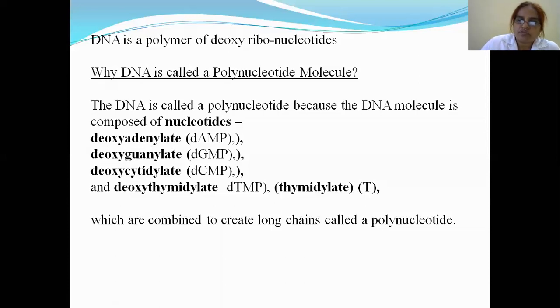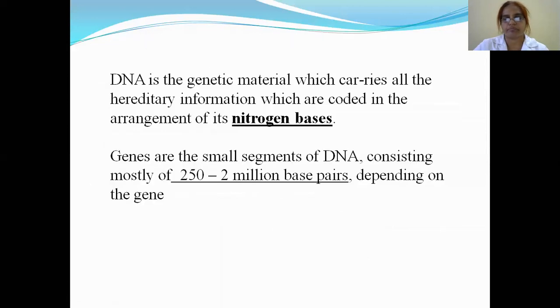What is the importance of these deoxynucleotides? Adenylate, guanylate, cytidylate and thymidylate combine to create a long chain called a polynucleotide. DNA contains the genetic material which carries all the hereditary information, coded in the arrangement of its nitrogen bases.